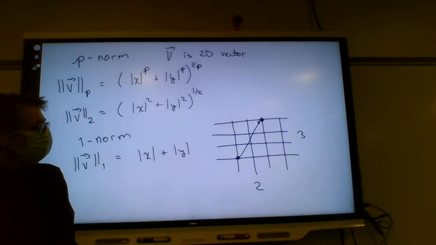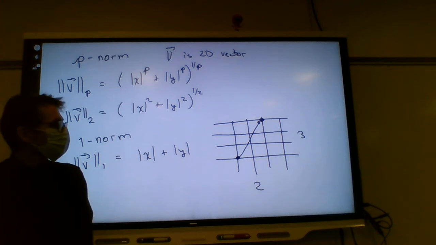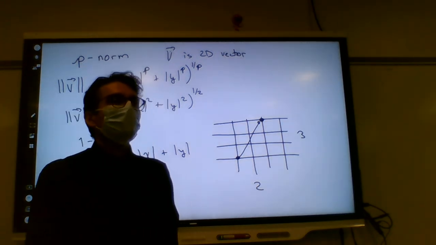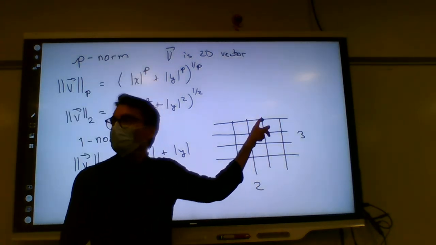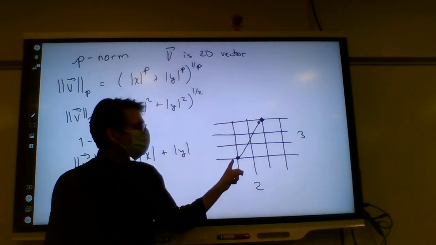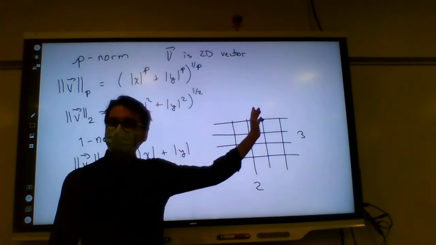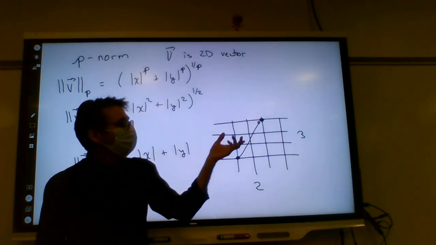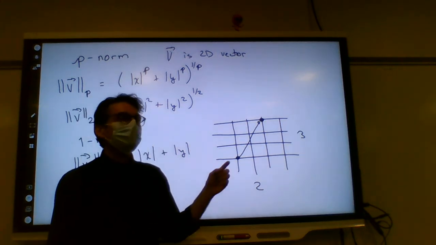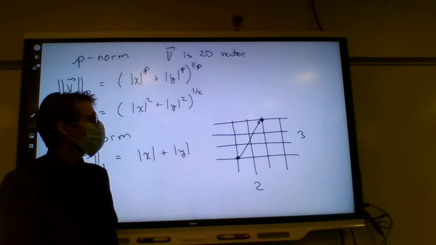Is there ever a time when we would measure distance like that? So let's think about driving in a city. If I want to go from here to there, how far is it? Well, we might say it's 5 blocks because we have to go over 2 blocks and up 3 blocks. If there are one-way streets involved, it might even be further than that because you might have to go past it and come back or something, right, in order to get there on the one-way streets.